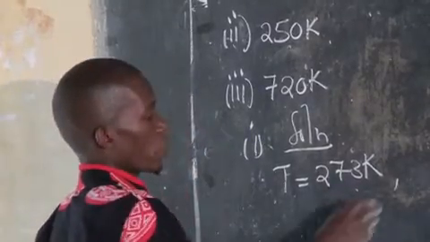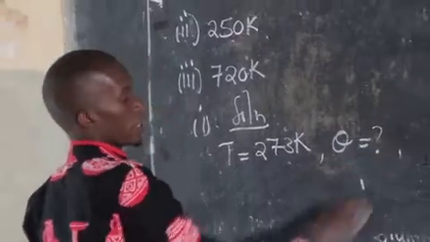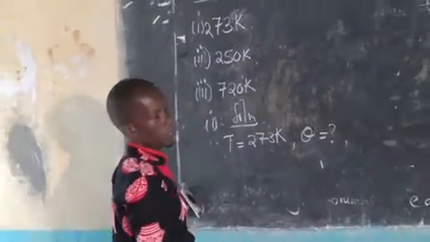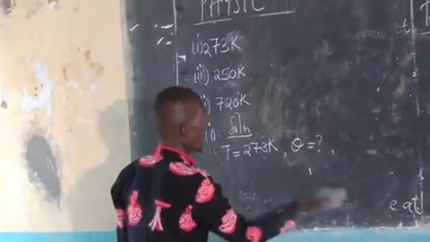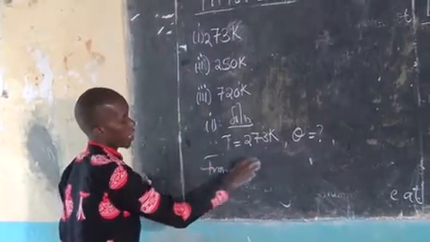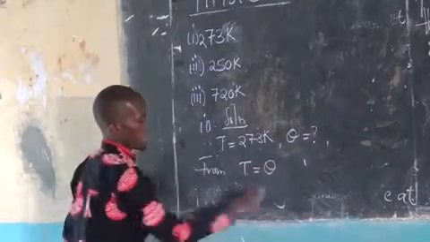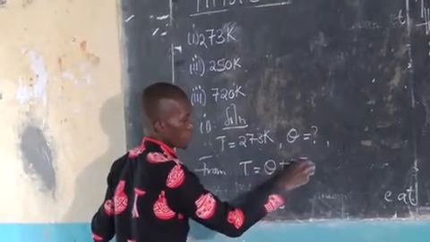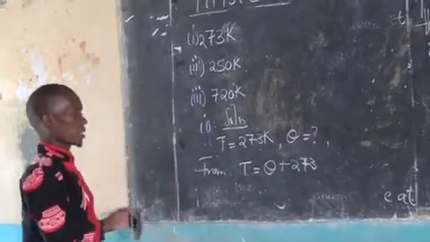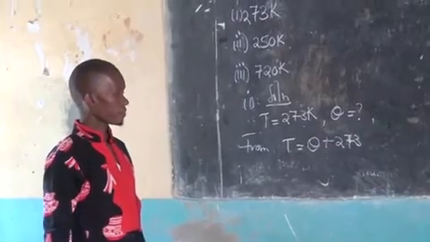We want to find theta, and we have the formula T is equal to theta plus 273. If we substitute in this formula, we are going to get the answer.